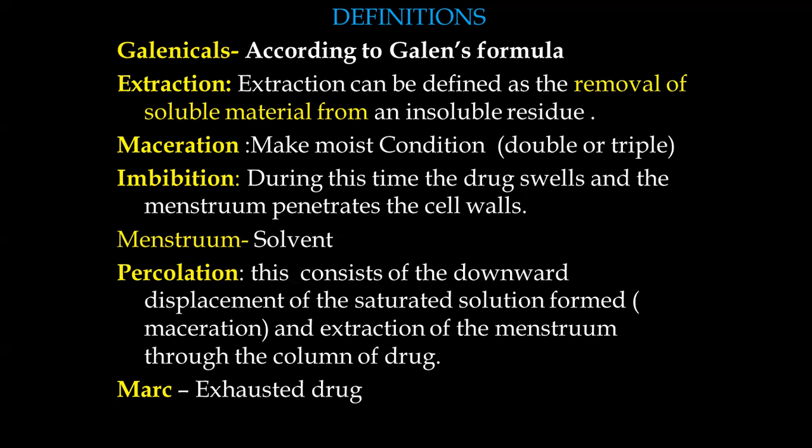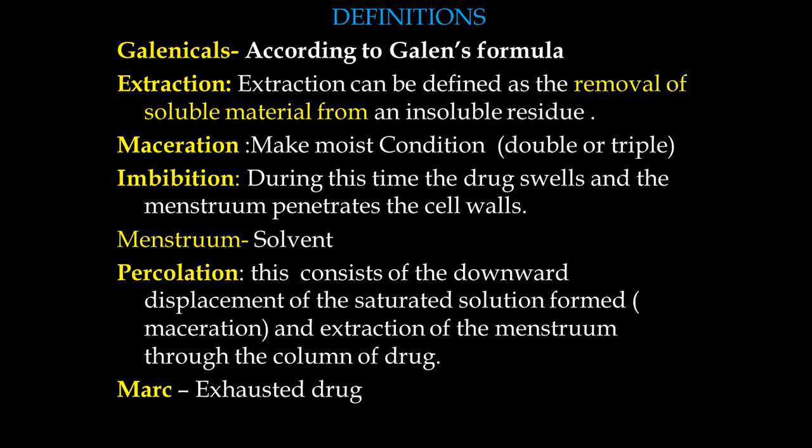Percolation is the other method adopted for preparing the other preparations. Here, it's a downward displacement of the saturated solution formed during the maceration process. In simple maceration, Galen did not use any specific apparatus, just a simple beaker for the extraction, whereas percolation used a percolator apparatus for extracting the active constituent.